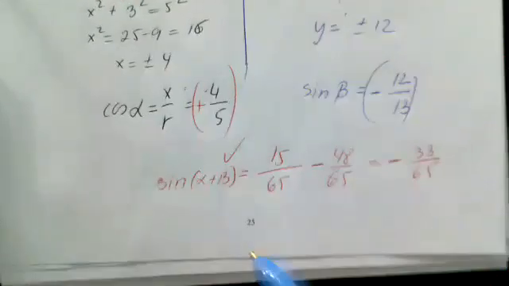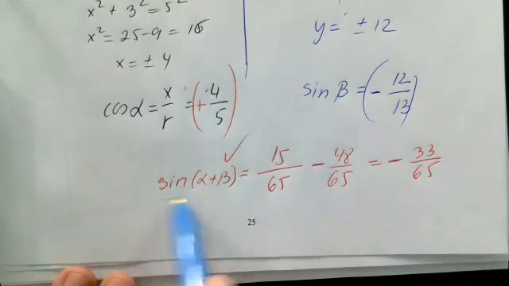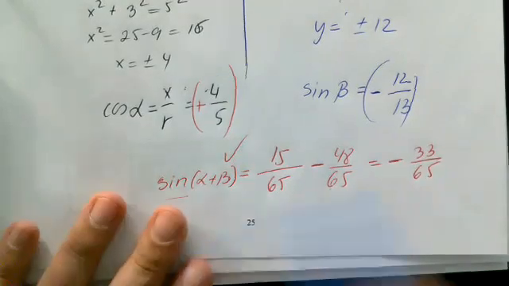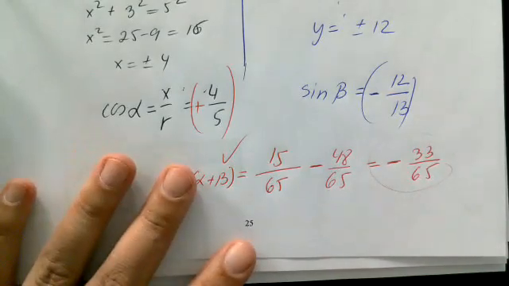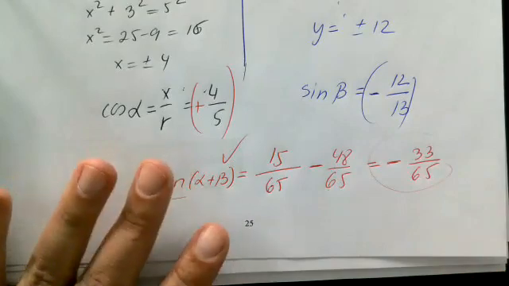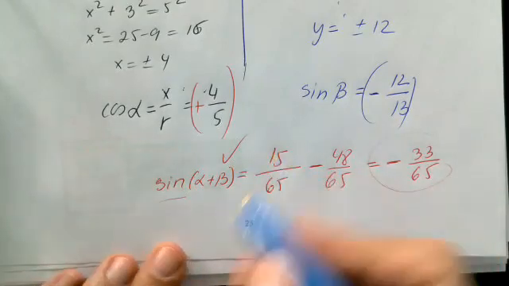Now you have to remember what this is. This is just sine of alpha plus beta. We found it's negative 33 over 65. The question wasn't about sine, it was cosecant. So that's the difficulty, not difficulty, but the most common error is to forget to flip it over at the end.